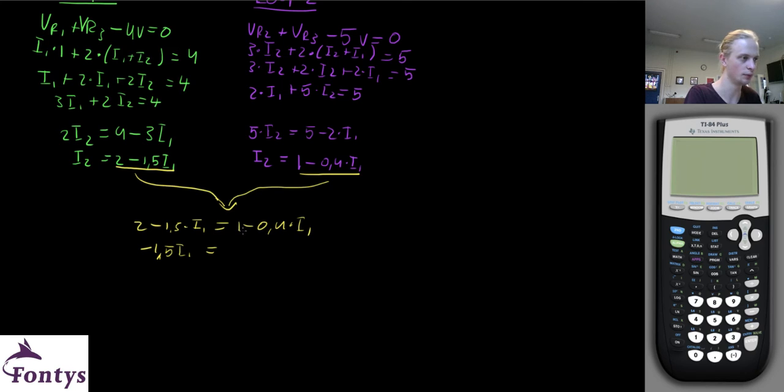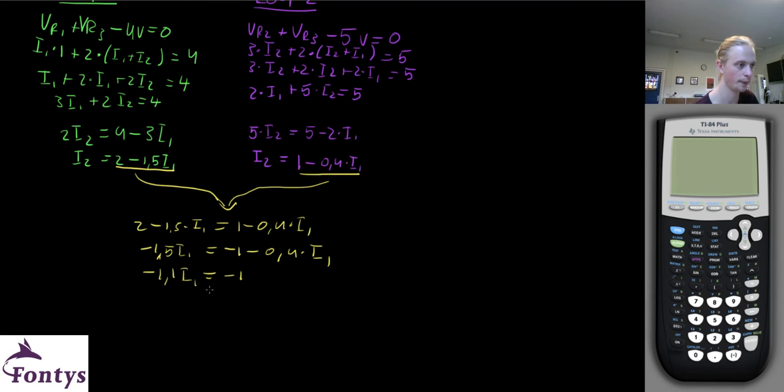So you get 1 minus 2 is minus 1, minus 0.4 times I1. And now we're going to add this part on both sides. So you get minus 1.5 plus 0.4, which is minus 1.1, I1 is equal to minus 1.